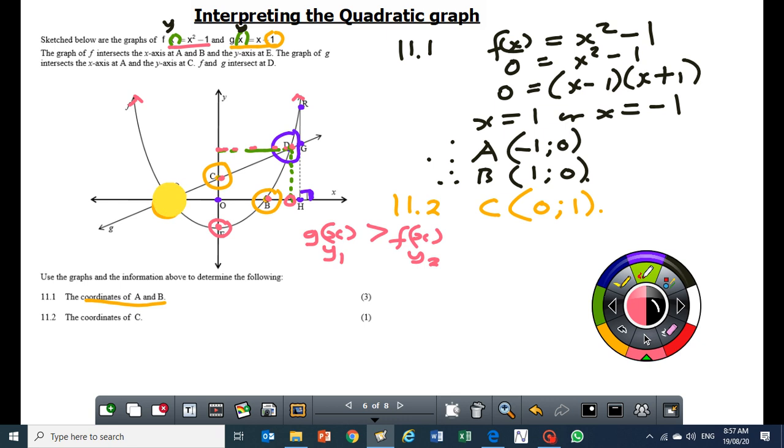So to the right of this point, the straight line is above, the quadratic is below, up to this point. At this point, they become equal because it's a point of intersection. Also at this point, they are equal because it's a point of intersection. Y here is 0 for both graphs. Beyond this point, going that way, the quadratic function gets on top of the straight line.